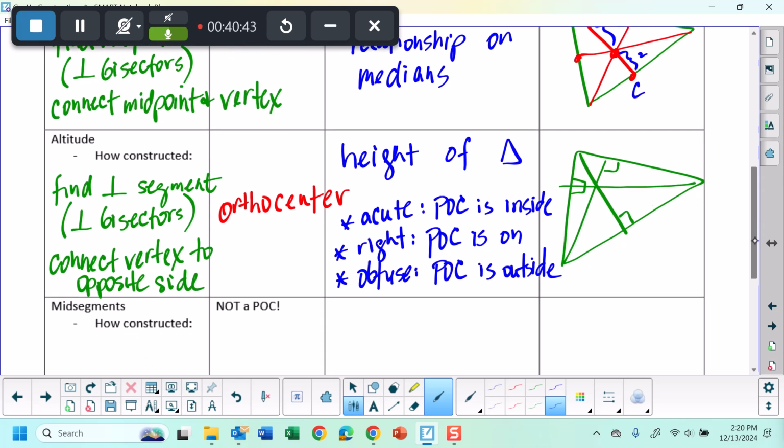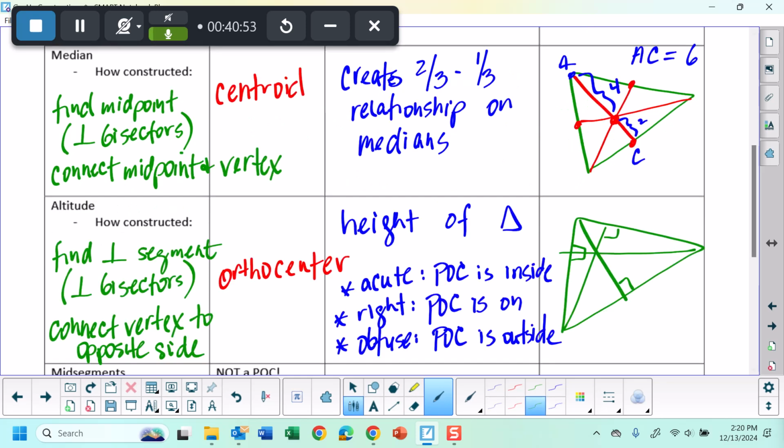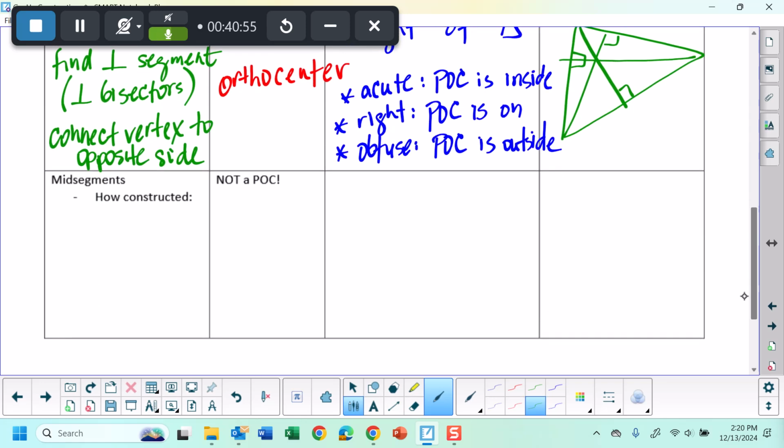Our last triangle segment, we've already talked about. And that's your mid-segments. Not a point of concurrency, but it's worth mentioning because, again, that's from my midpoints that I connect.